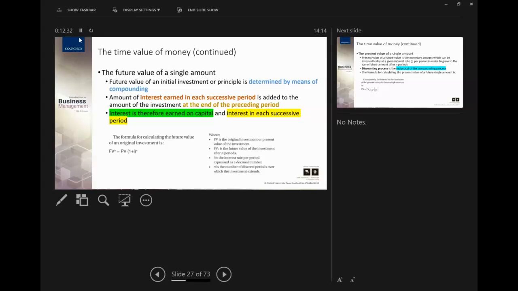So can you see we are getting interest on interest? And that's the concept that they're trying to highlight there. Interest is therefore earned on capital and interest in each successive period.